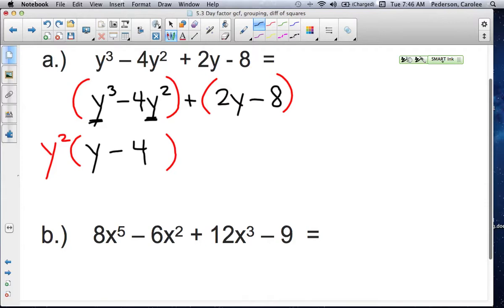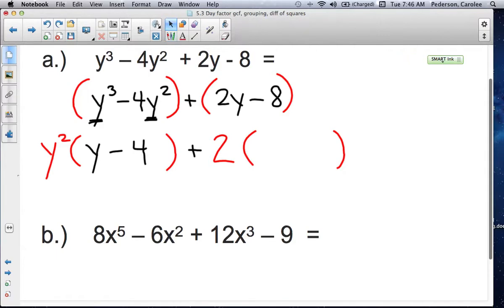Let's go over to the second group. In the second group, the GCF is 2. So now I'm going to divide the terms by 2. If I take 2 out of there, I'm left with just y.